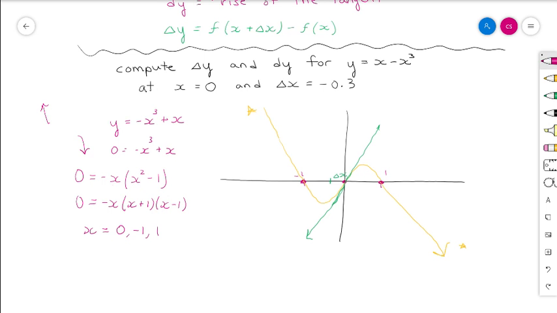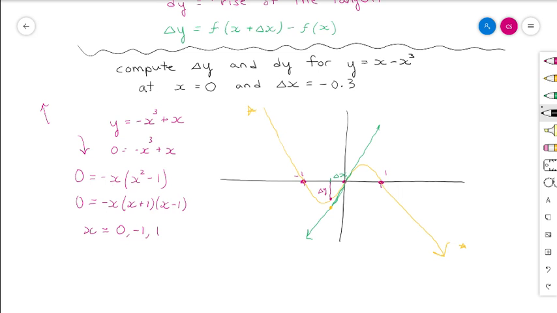All right, so first of all, the delta y is going to be the vertical change on the curve. So it's going to be this distance. That's going to be your delta y. And now dy is going to go all the way to the tangent line.